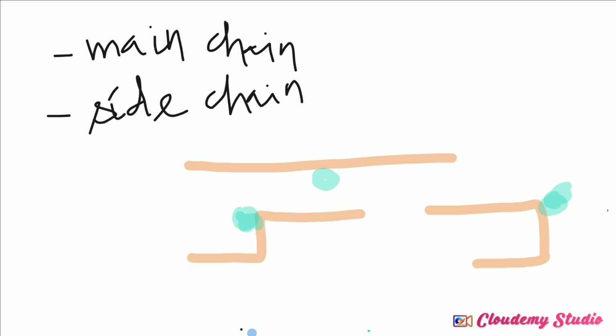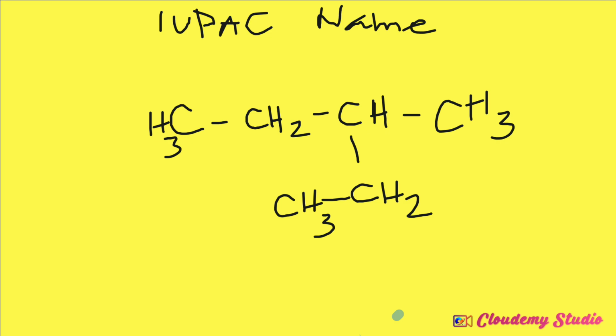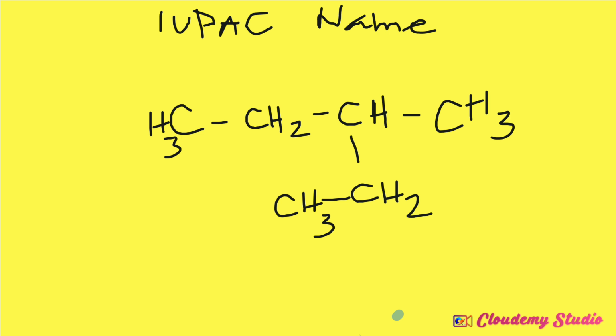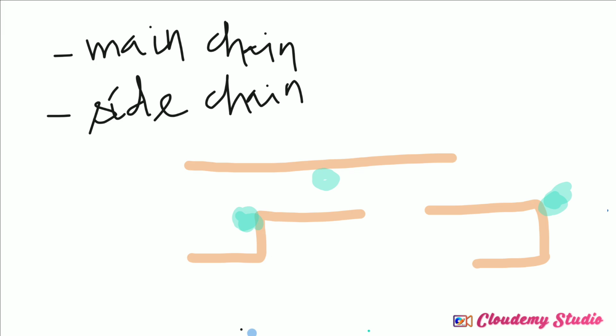So when we check this chain, it is straight, and the branch is almost in the middle. How many carbon atoms do we need to check? In the first way we have mentioned, 1 2 3 4, 4 carbon atoms are present in the chain.